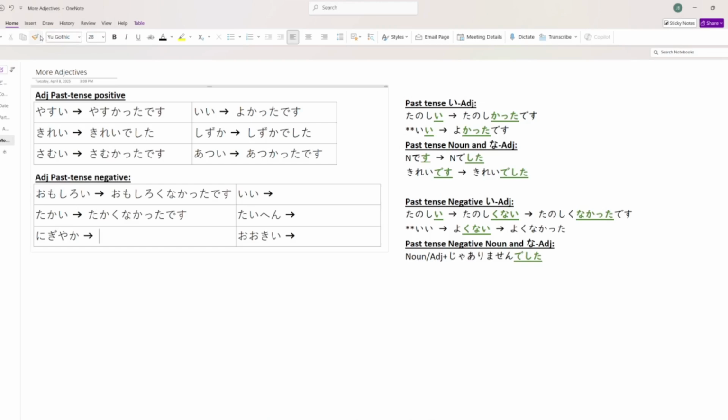All right. And this is a na, right? Yeah, this is definitely one of the easier ones to identify. We're back in. What do we do to ones like that? Past tense negative na adjective. ja arimasen deshita. On like the model on the right hand side, right? Are we just appending ja arimasen deshita straight onto it?